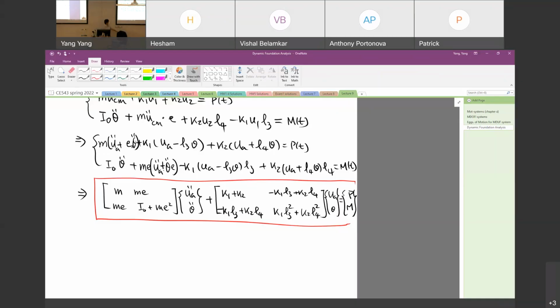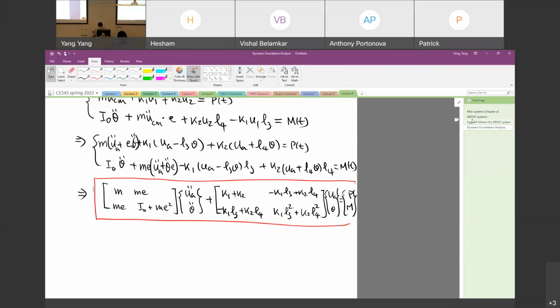Similarly, for the stiffness matrix, the top right and the bottom left elements should be equal to each other. That's the most important feature for stiffness and mass matrices.